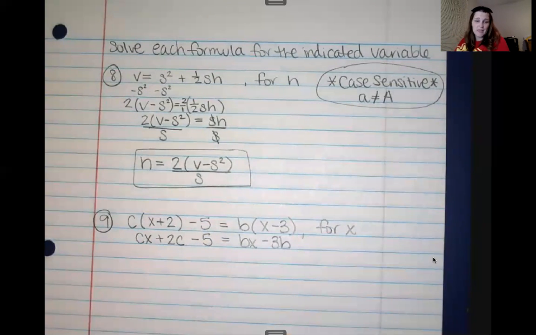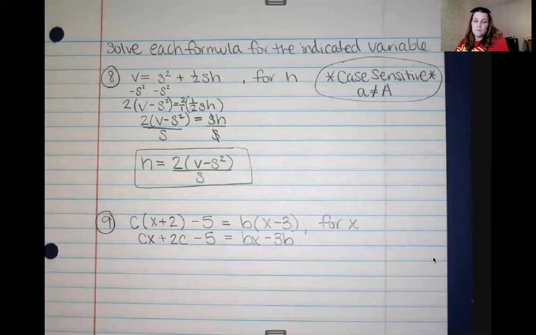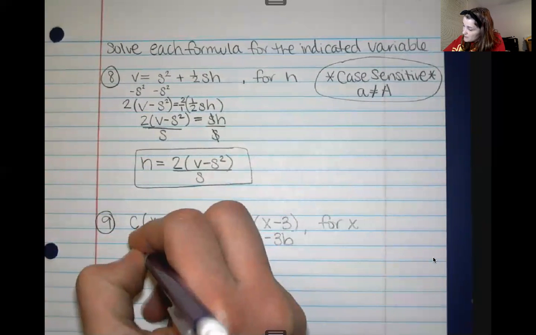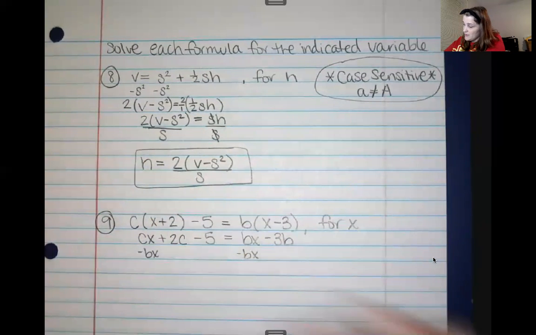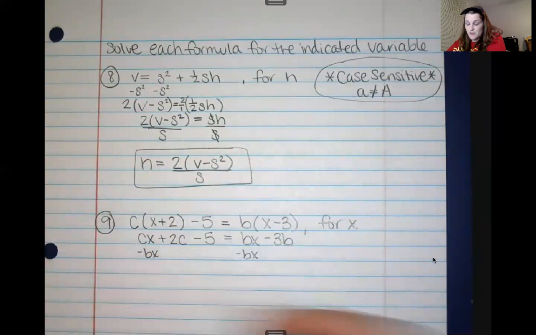So I want the X terms on the same side. So I'm going to subtract BX to the left, and I'm going to move everything over here to the right.